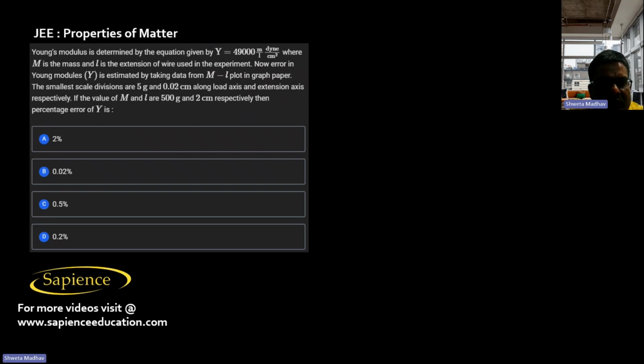The smallest scale deviations are 5 gram and 0.02 centimeter along the load axis and extension axis respectively. If the values of M and L are 500 gram and 2 centimeter respectively, then the percentage error of Y is.